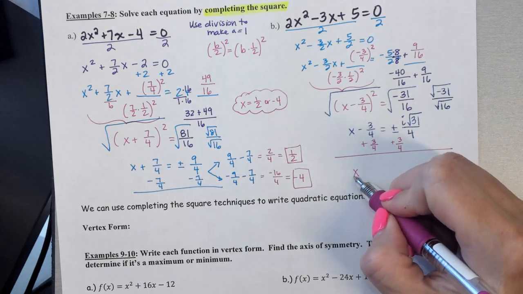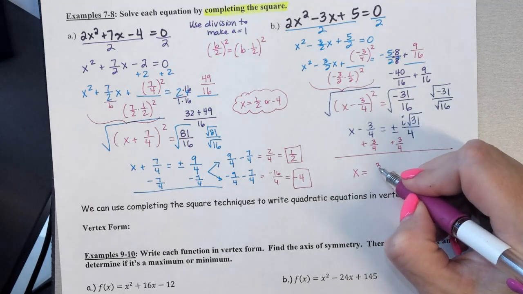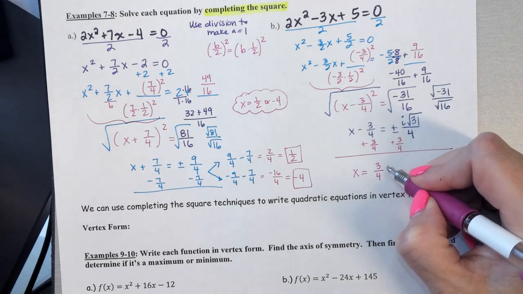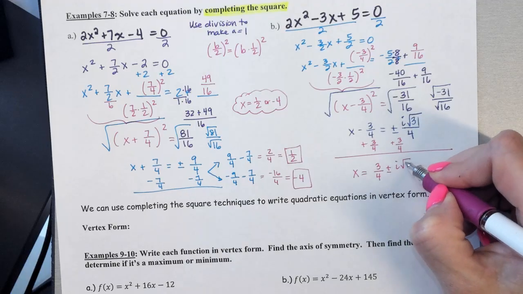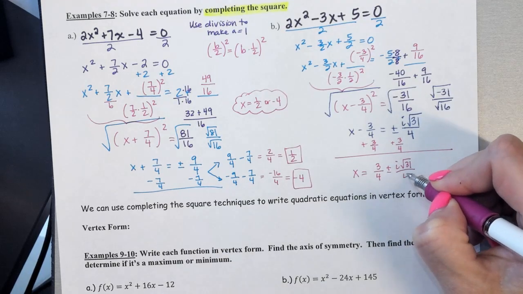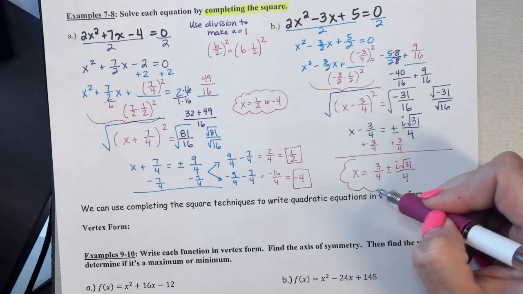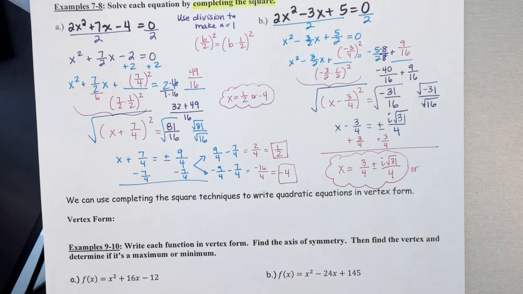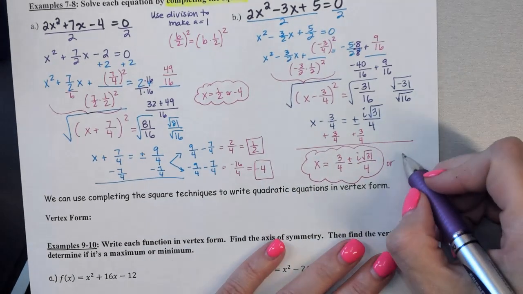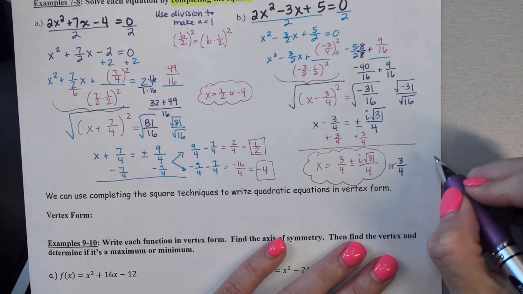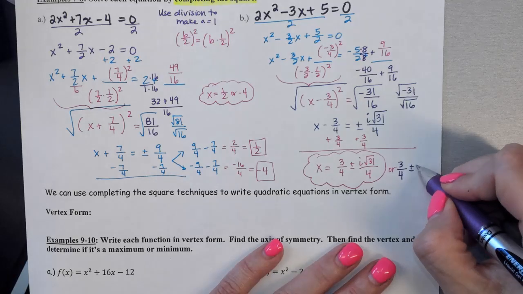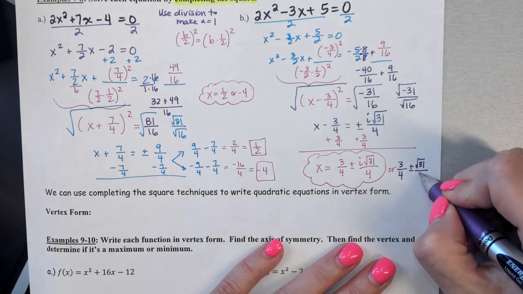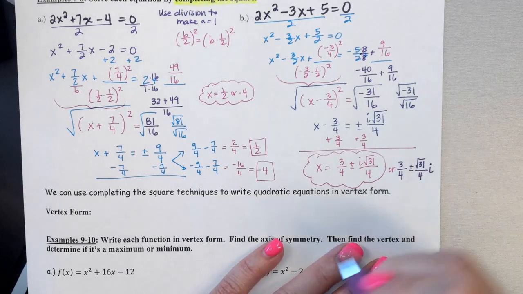So you can write this as 3/4 plus or minus I root 31 over 4. Or you can put the I on the side, which is what I would think most of you would do, which is 3/4 plus or minus root 31 over 4, and then just put the I in the center.